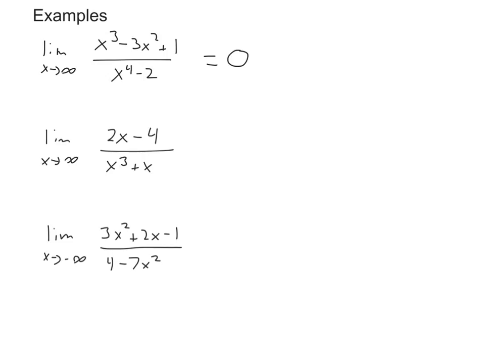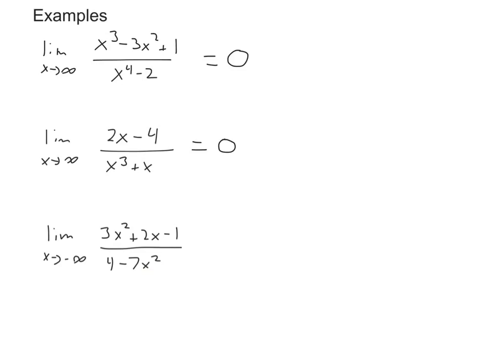In the next one, the degree of my numerator is 1. The degree of my denominator is 3. So again, that limit is going to be 0. And in this third one, the degree of my numerator is 2, because it has the x squared term. The degree of my denominator is also 2, so it's equal.